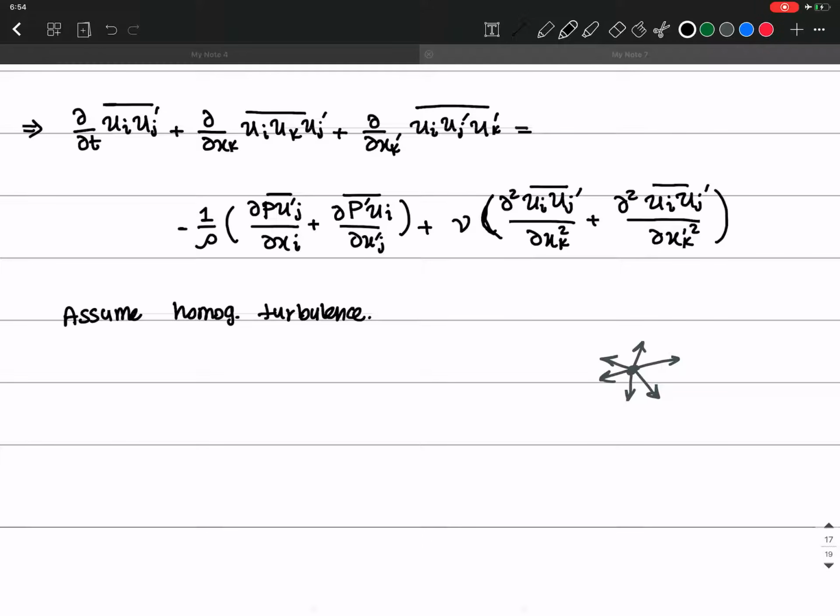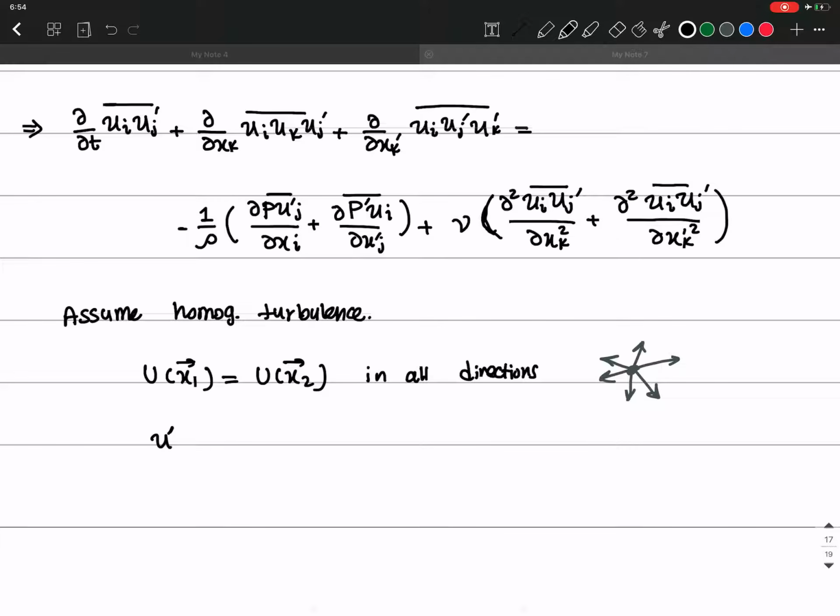So for example, u bar, the mean velocity in the x1 direction, is going to be equal to the velocity in the x2 direction. So in all directions, the mean variables are the same in homogeneous turbulence. This is the definition of homogeneous turbulence.